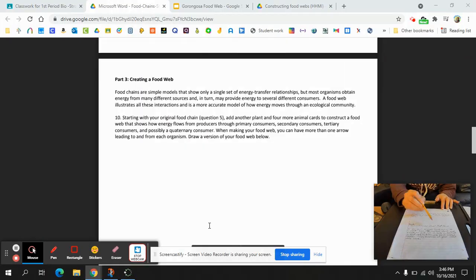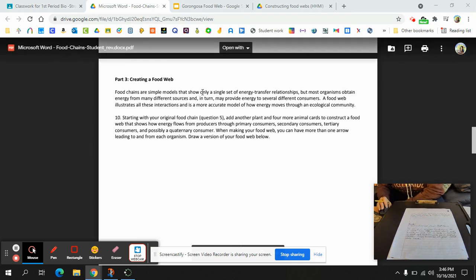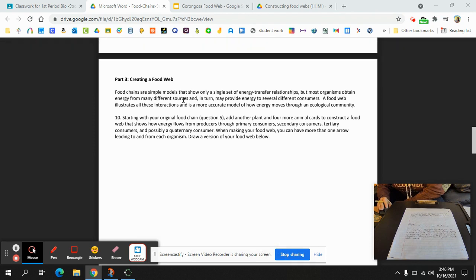Part 3. For part 3, make sure that you read and summarize part 3's reading about food chains and their connection to food webs. For this segment, you are going to be starting with your original food chain.